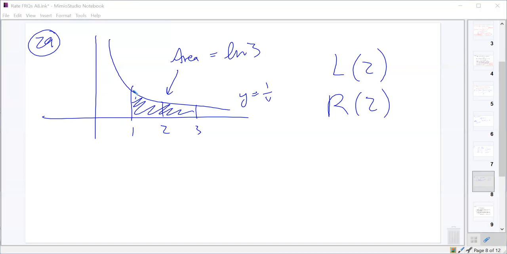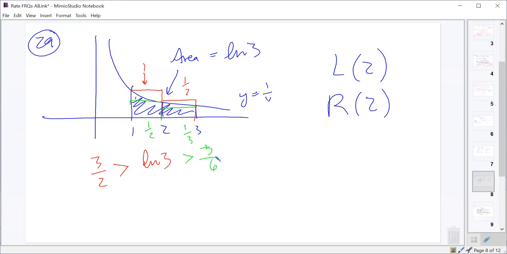So if we do a left rectangular approximation, it is going to give us a value of 1 plus 1/2 with the red, so that'd be 3/2. 3/2 has got to be greater than the natural log of 3. And if we did a right rectangular approximation, we're going to get 1/3, and we're going to get 1/2. And so natural log of 3 has got to be greater than 5/6.